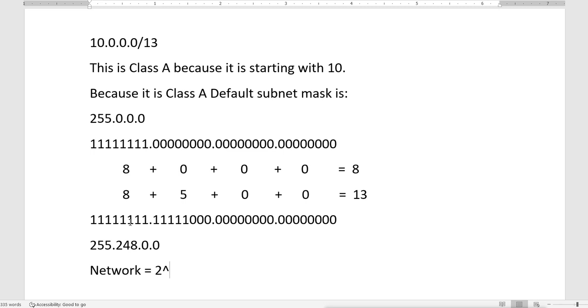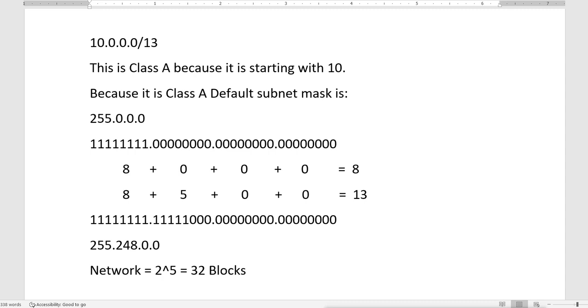The extra bits I have are 5, so 2 raised to 5, which is 32. So the total number of networks we are getting is 32, and these are the blocks we are getting here.